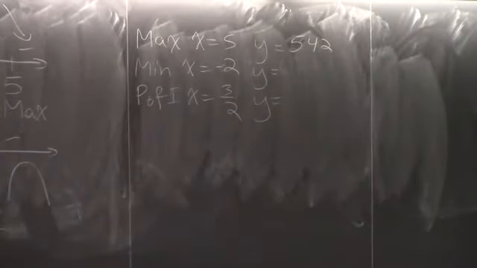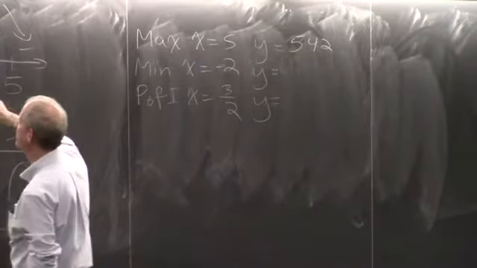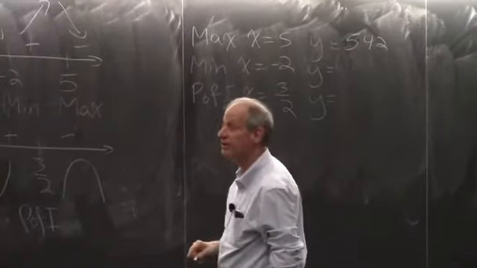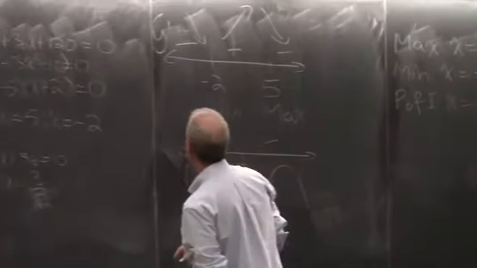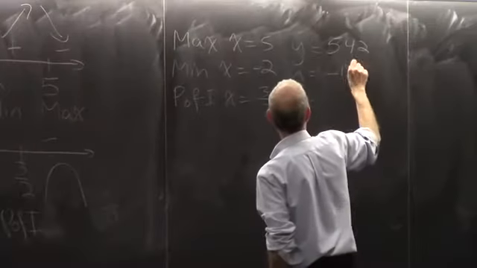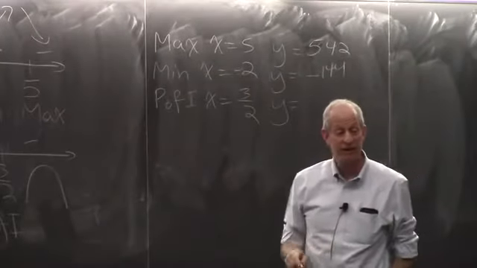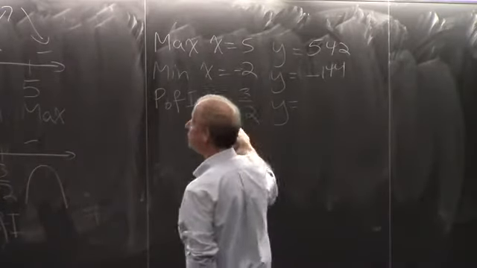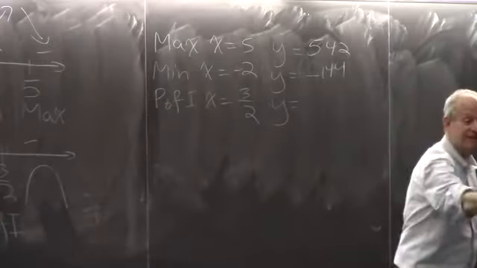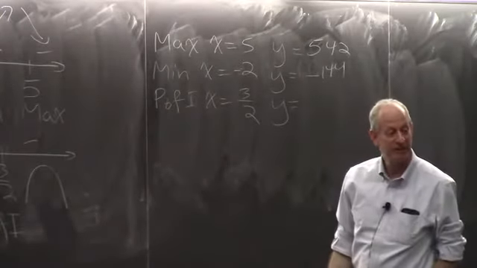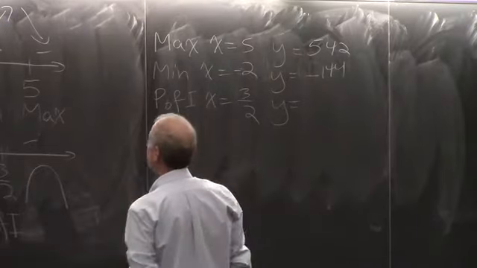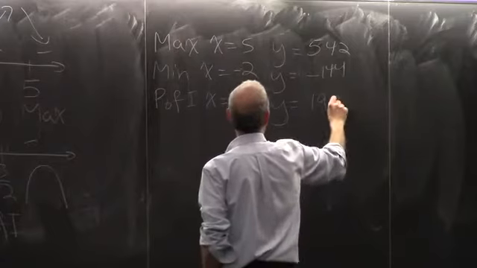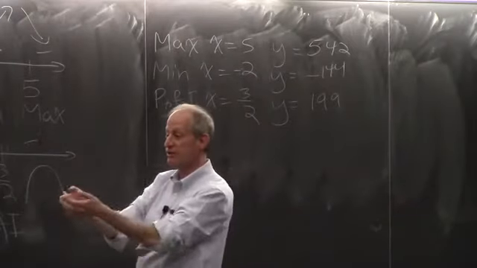Plug in -2 and you get 32 minus 72 is plus 72 is 104, minus 240 is minus 136, minus 144. Is that right? Maybe you did the calculator? You're saying yes, but is it right? Maybe we're both wrong. Okay. And then you plug in 3/2, which I'm not going to do in my head, and you get something. All right, I'll do it in my head. What? 199. All right, we're going to trust you because you have an electronic device that you're holding up.